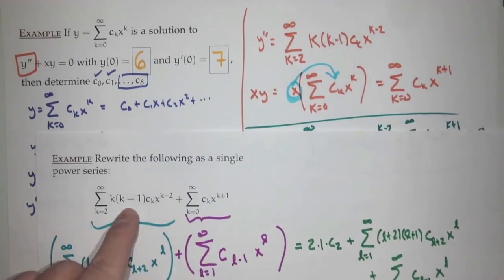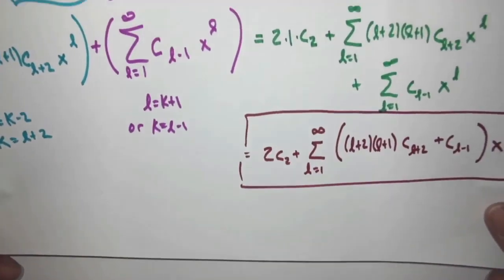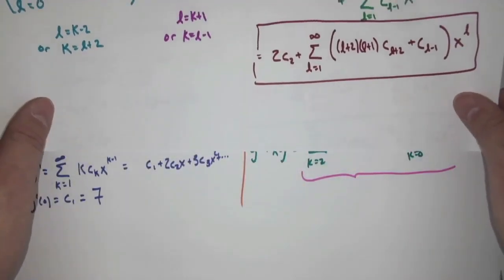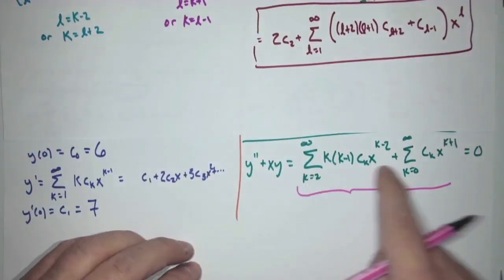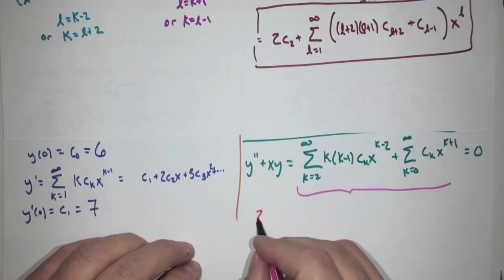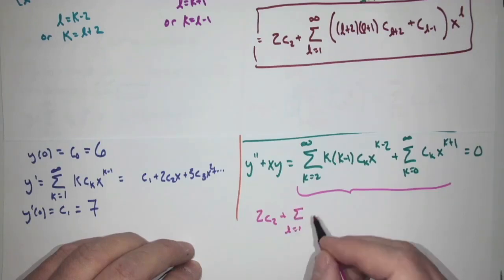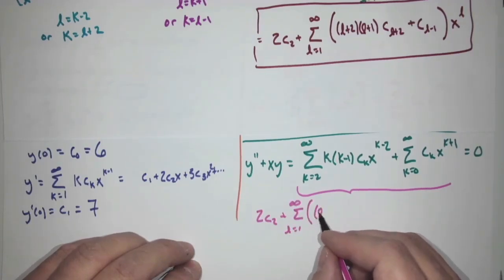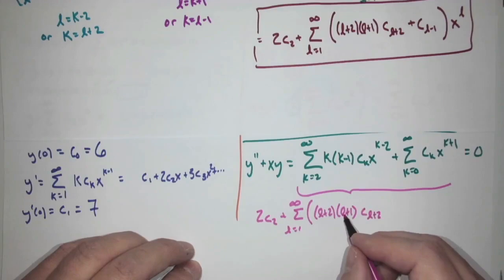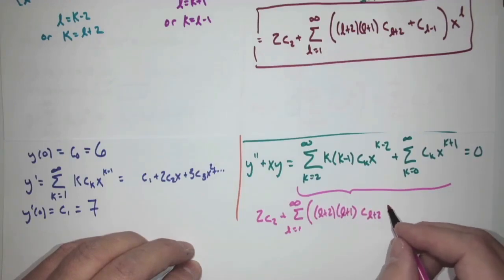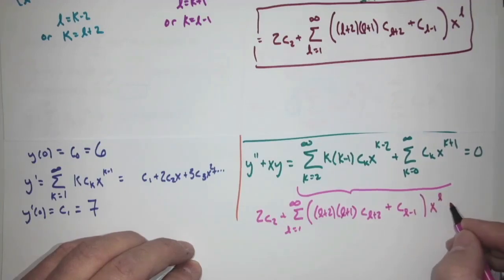Oh, it's this one. Oh, it's like it was planned. It was definitely planned. Okay, so this expression here, we can say, hey, this says 2c2 plus the sum, L equals 1 to infinity of L plus 2, L plus 1, c sub L plus 2, plus c sub L minus 1, times x to the L equals 0.